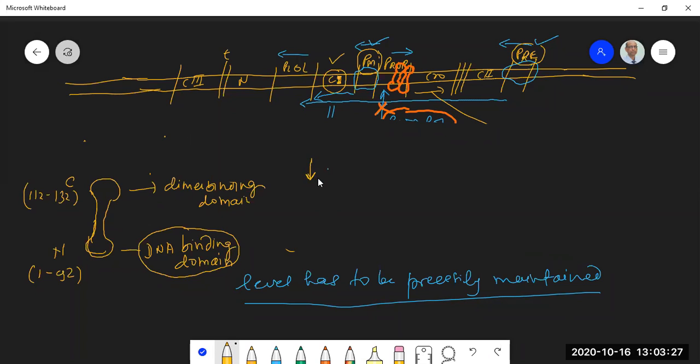Please understand, if the repressor protein is less than the threshold level, then there is always a possibility of a premature shift, a premature switch to the lytic pathway.